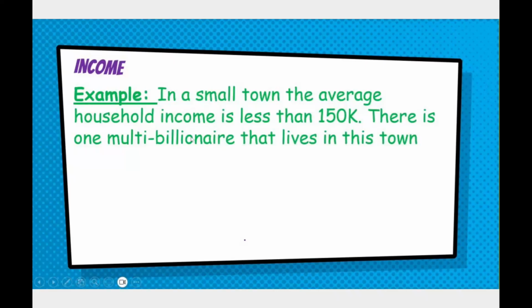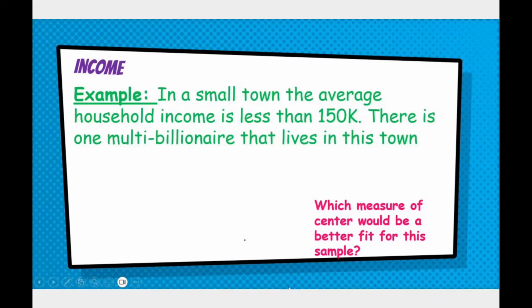So consider this example. In a small town, the average household income is less than 150,000. There's one multi-billionaire that lives in this town. So which measure of center would be a better fit for this sample? If we actually collected samples of, I don't know, 50 or 100 different people there, we're going to have people that make more and less than 150,000, but it should be in a general trend area.